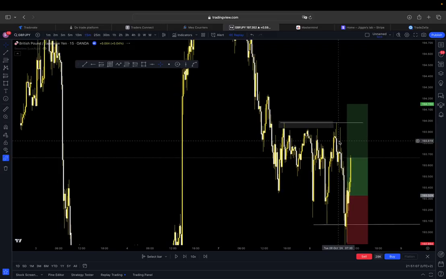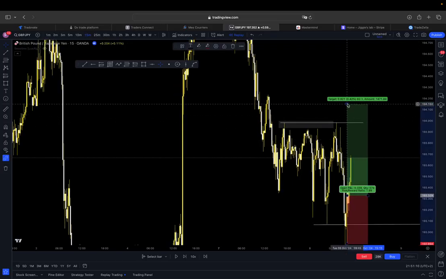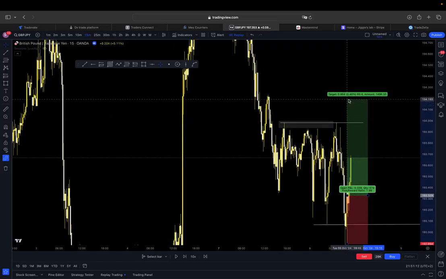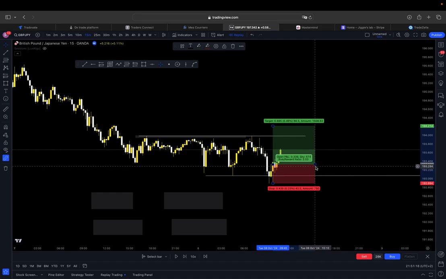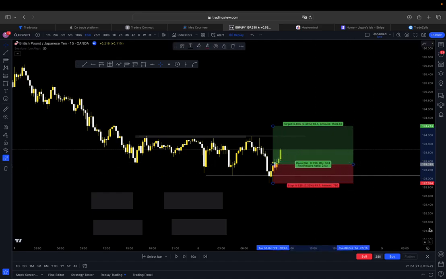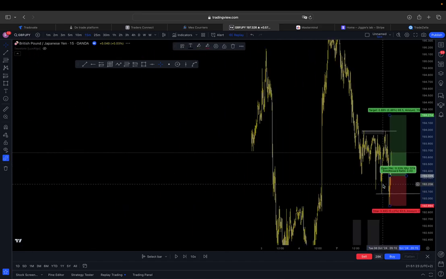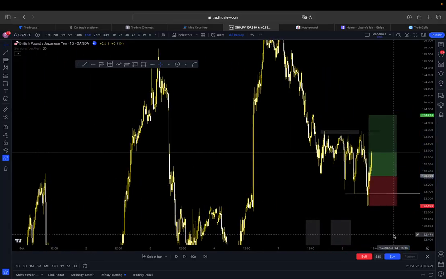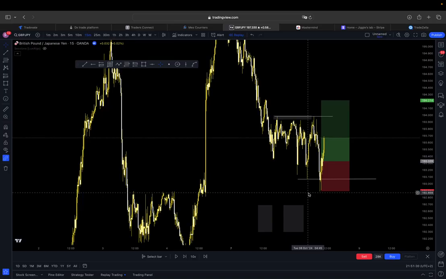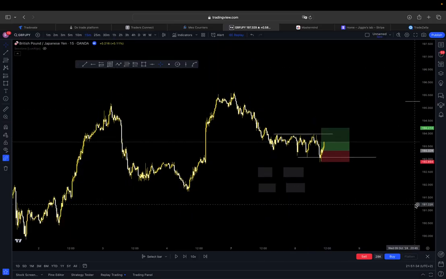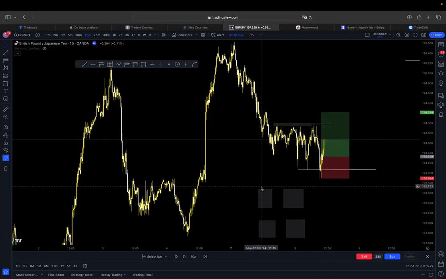What should I target? I might just go for here, like a 1 to 2 something. I don't know. Honestly, I would still try to go to the upside, because I can see we're going to the upside here. What is price doing?